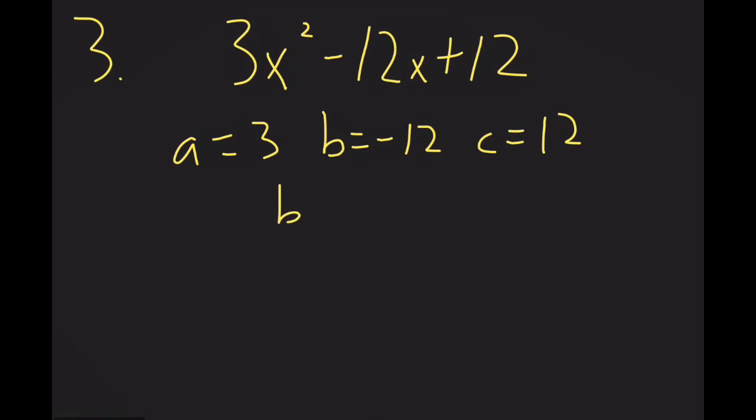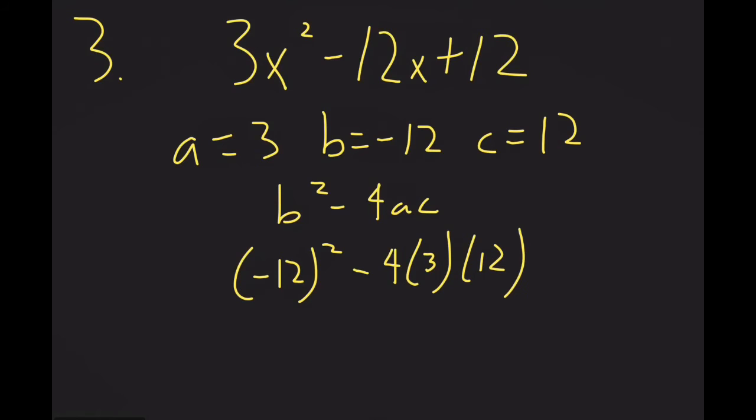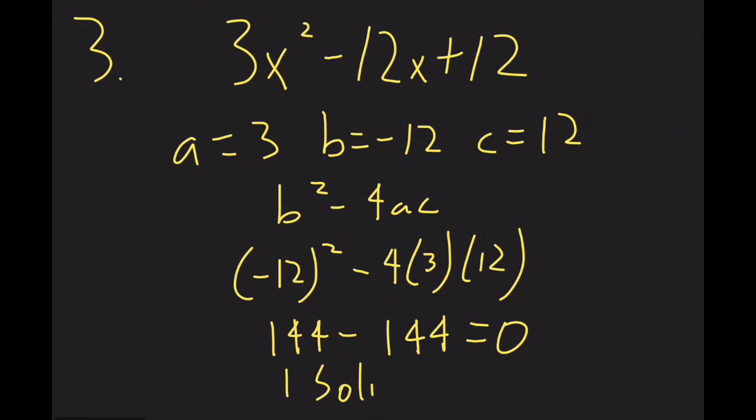Now plugging it into b squared minus 4ac, it will be negative 12 squared minus 4 times 3 times 12. So it will be 144 minus 144, which equals 0. So therefore, there's only one solution in this equation.